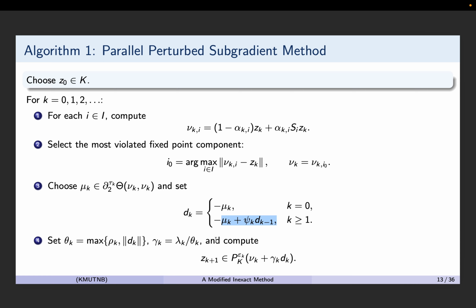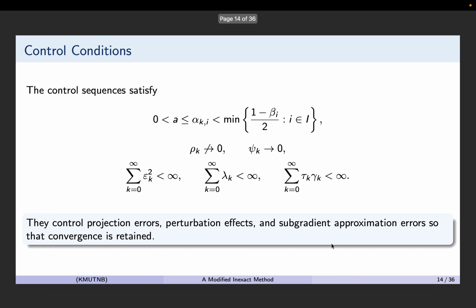And then we set the step size gamma k to be lambda k over theta k, where theta k is given as the maximum between some sequence rho k and the norm of d k. And in the update here, you see we are using an inexact or approximate projection instead of the exact one.